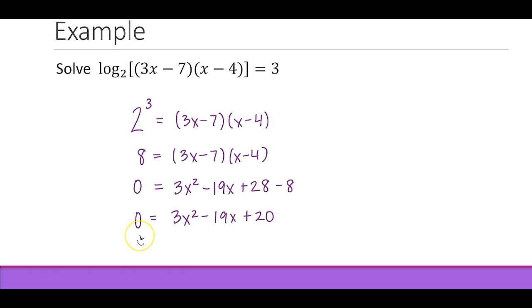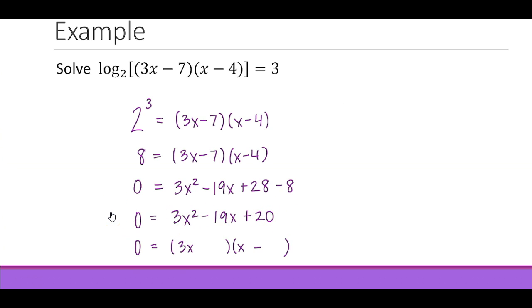We could also have just sat and tried the guess and check method, right, if we wanted to. That wouldn't be so terrible because 3 is a prime number, so we have just 3x and x, and so we'd have to try out different values for multiplying to get out 20.